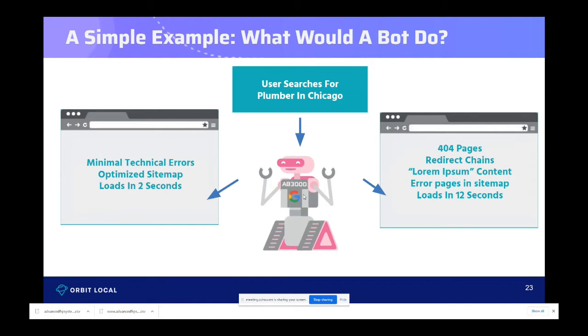There's no errors in the sitemap. This is a nice, fast-loading site. And then the other one has all those problems. Google's going to say, I'm going to go to the other one because I trust that website more than I trust this one with a bunch of website quality issues. And so you have to start addressing your website quality and start looking at all your pages to really figure out what Google may see when they start looking at your site.